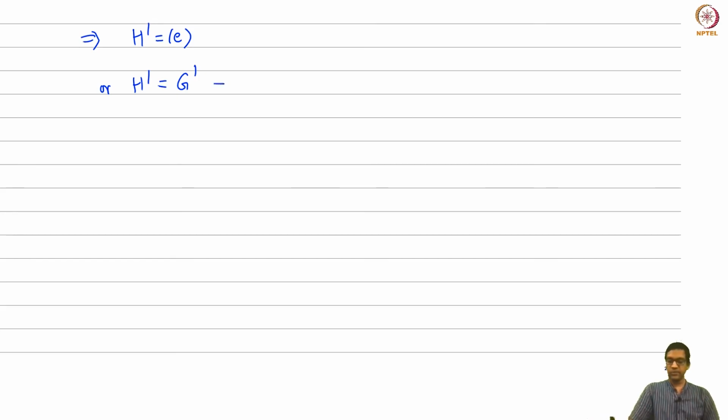Okay, now what do these two things mean? If H prime is the whole group, then the corresponding field that it corresponds to has to be the base field, right? That's the correspondence. And on the other hand, if it's the identity, then the field K intersection L has to be the big field, which in this case is K. So there are only these two possibilities.